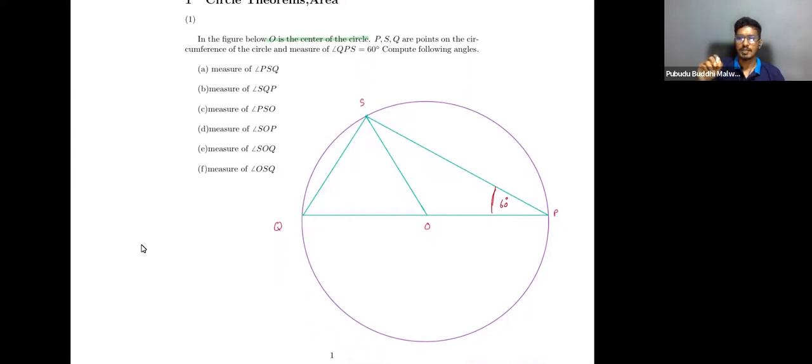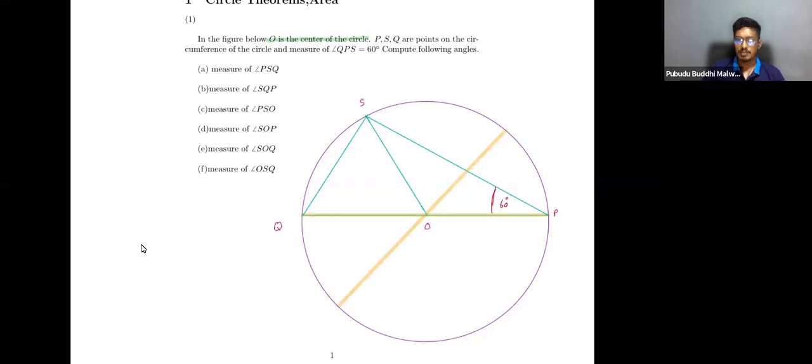Then what can you say about this line, the QP line, or if I draw another line like this through O?